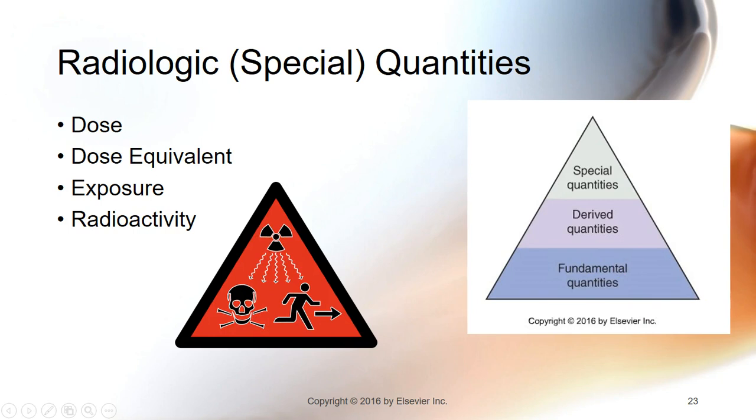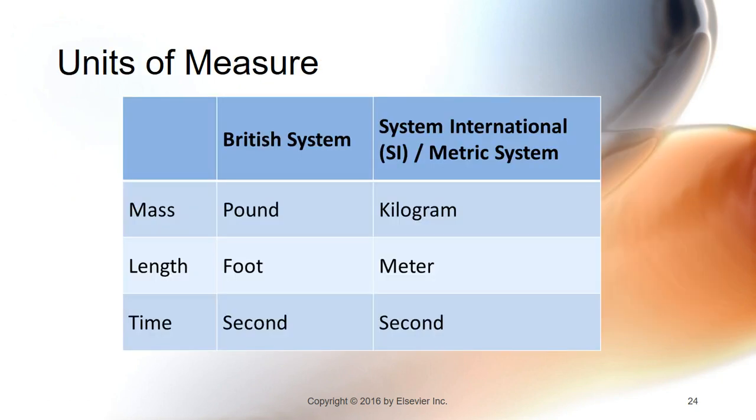So here we go. Here are our first units of measure. We need to know mass, and we think about that as a pound. All of us probably know how much we weigh in pounds, but do you know how much you weigh in kilograms? There is a way to convert a pound to a kilogram. I'm not going to discuss that.